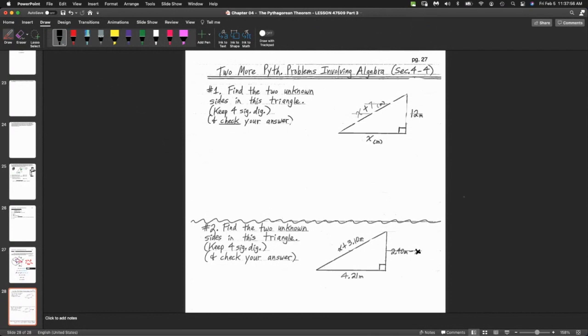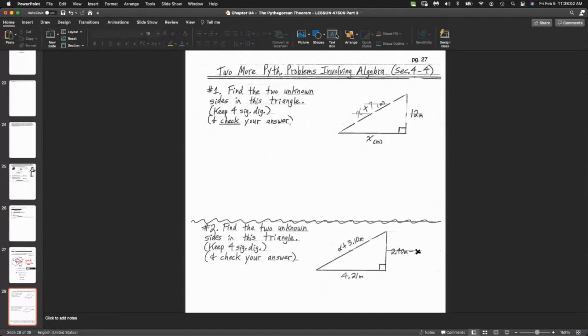What I'd like to do is answer question 1 for sure, and if there's time remaining, I'll answer the second one as well. So let's go through this one. Do you see how this one is very similar to the previous example?